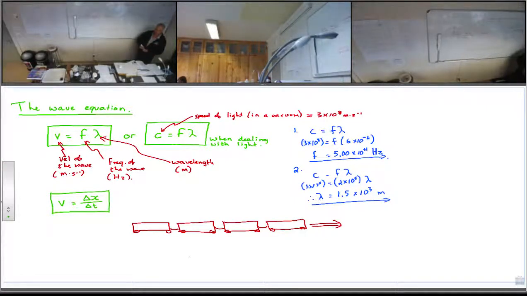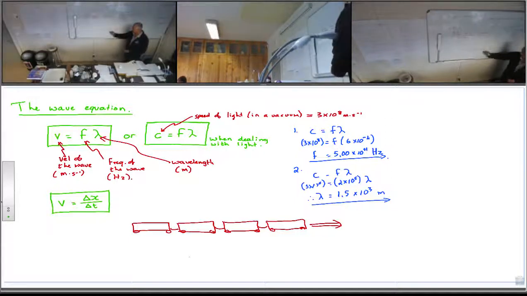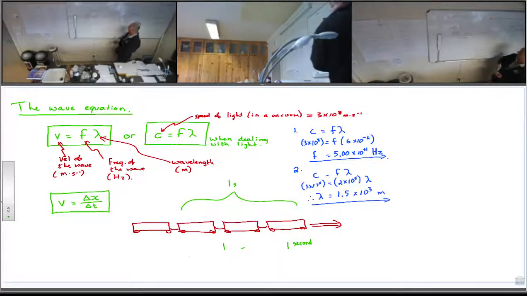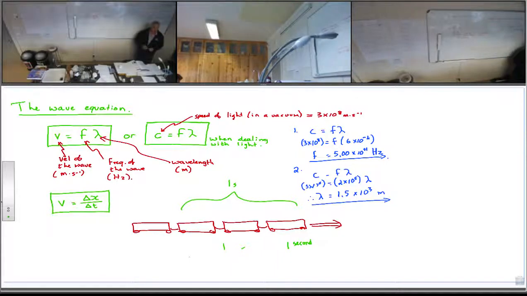What is the frequency? The frequency would be 3 carriages per second. Do you agree? So it took 1 second, really a fast train, for 3 carriages to pass.